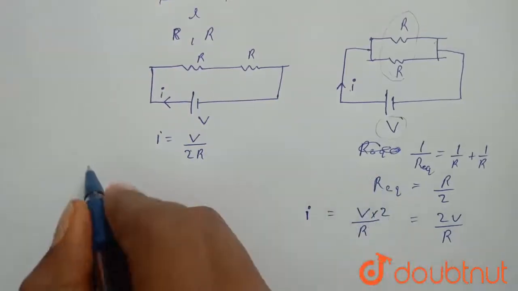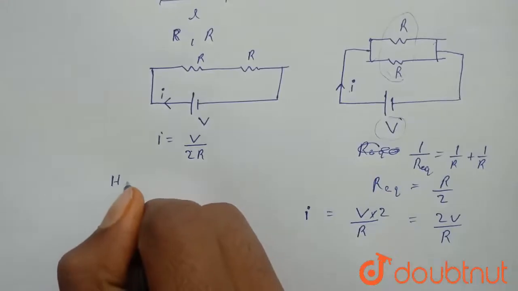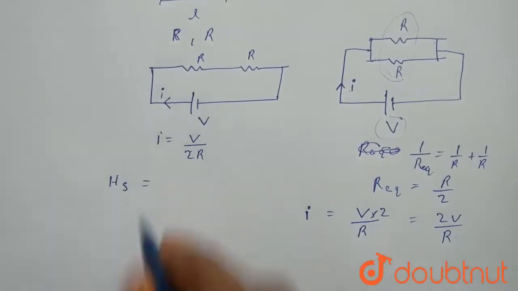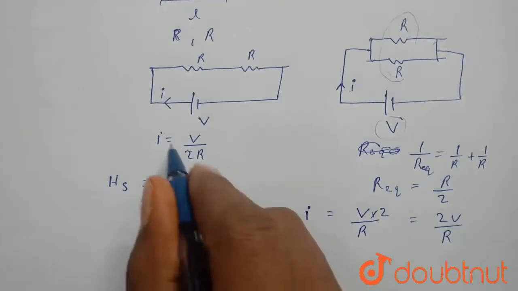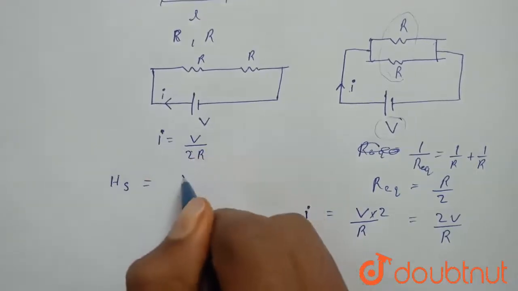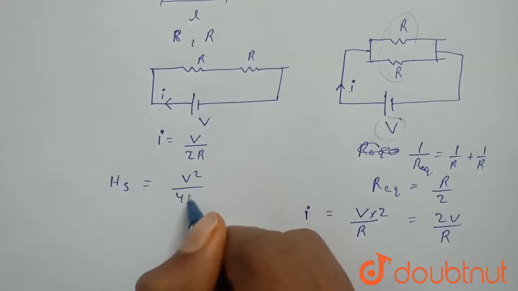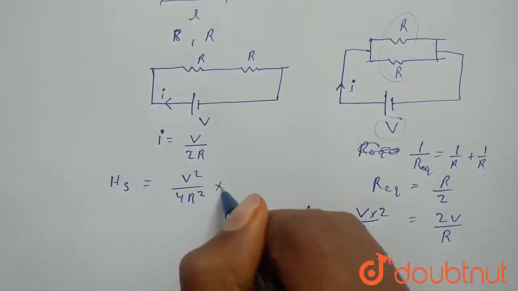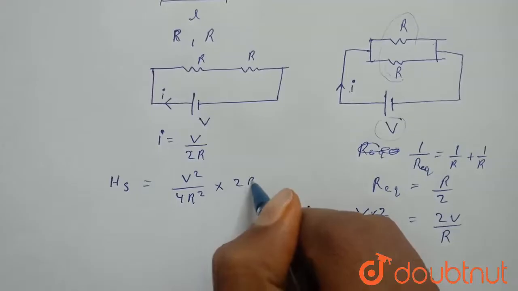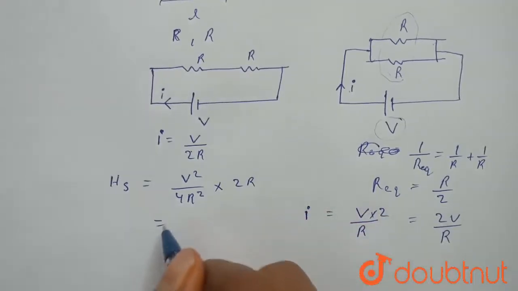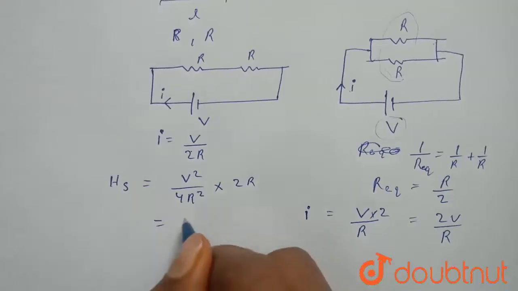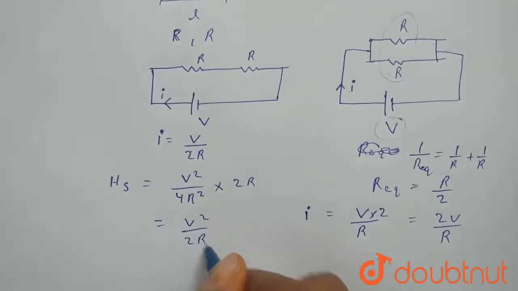So heat produced in series, let's say HS, will be I square R equivalent. We have I is equals to V upon 2R. So V square upon 4R square into R equivalent, which is 2R. So heat produced in this case will be V square upon 2R.